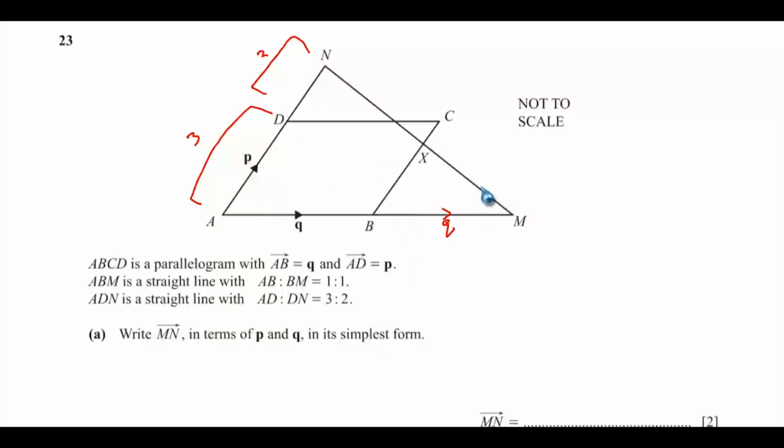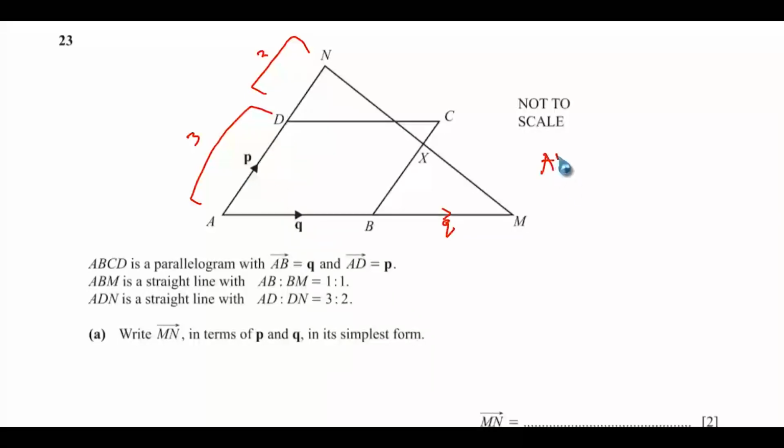So MN will be this, and to get MN you can go towards this direction, MA plus AN. But we don't know the value of AN. So we need to find AN. So how do we find AN? By saying from AD we can get AN.